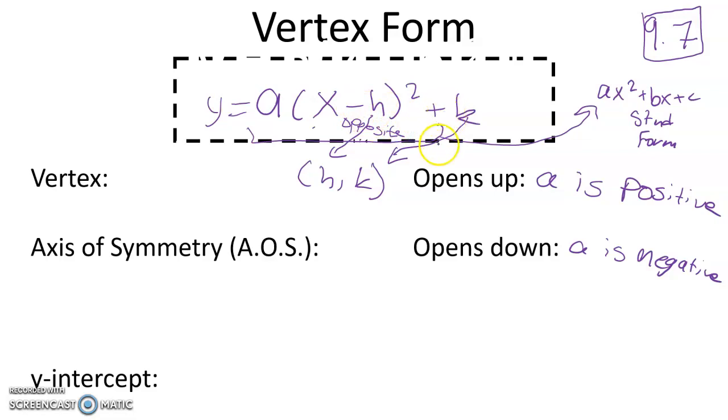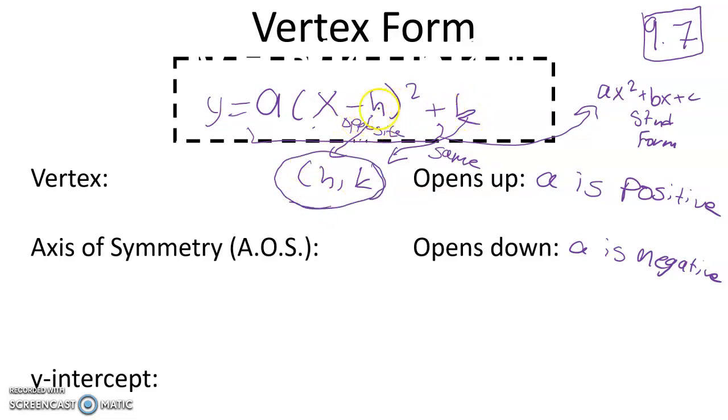And this k value is going to be the same sign. It's going to be plus k. So for instance, if it was x minus 5 squared and then plus 3, it would be positive 5 here, positive 3. Because again, it's the same sign, opposite sign. So h and k, that's our vertex.